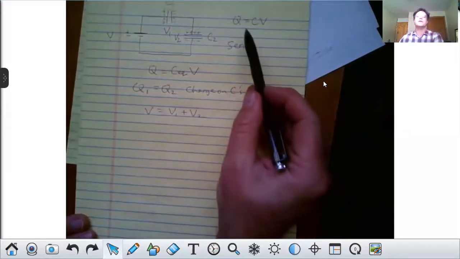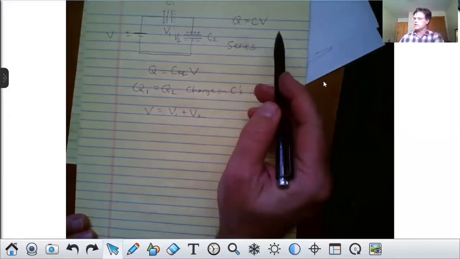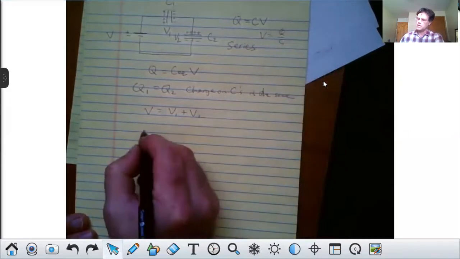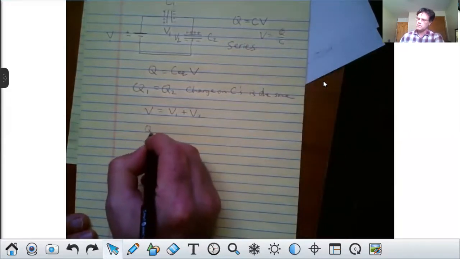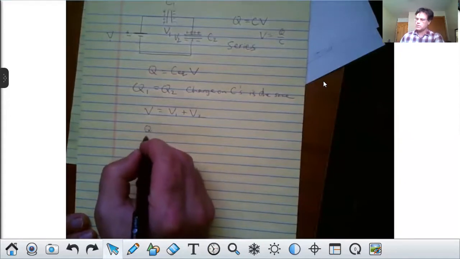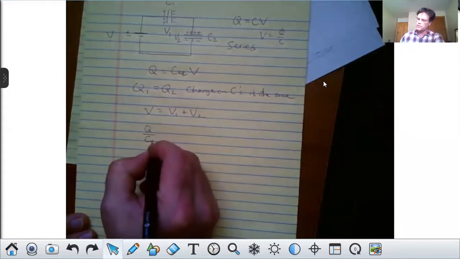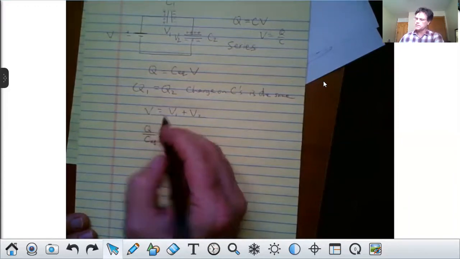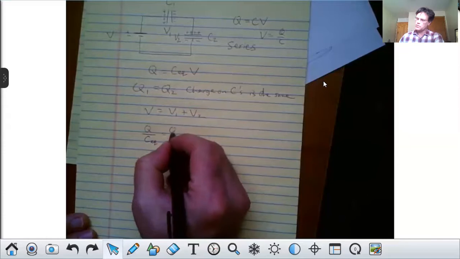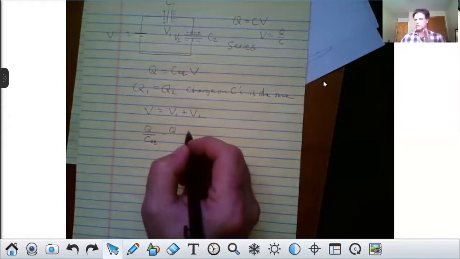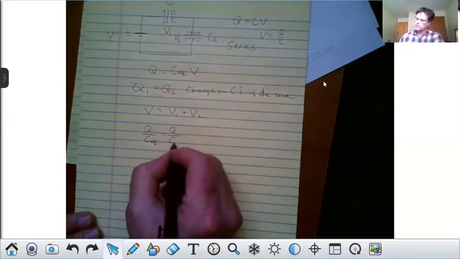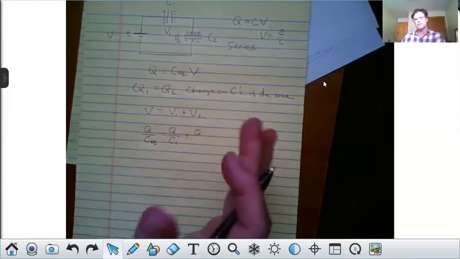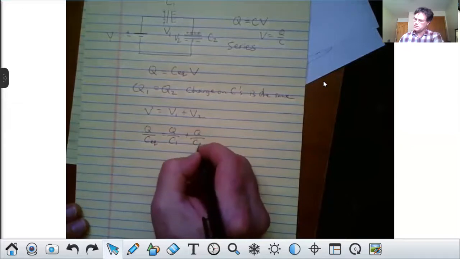Now going back to Q equals CV, I can see that V is Q over C. So I'm going to use that here. My total charge Q over my equivalent capacitance, because I'm talking about the battery and what it senses, is equal to Q1 over C1, but the charge is the same as Q2, so I'm just using Q, over C1 plus Q over C2.